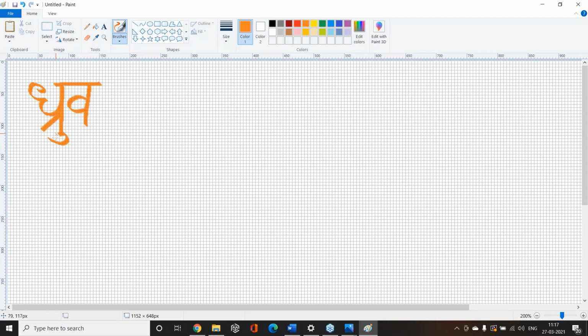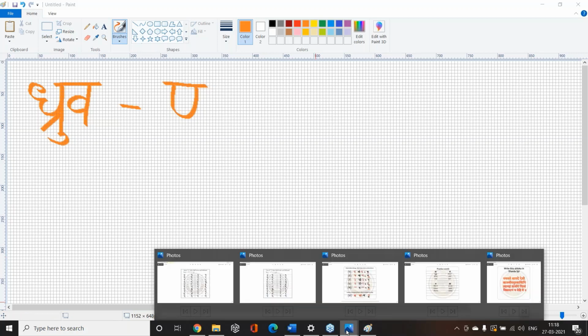Now this is Dhruv in Devanagari, where the matra ra and u are coming together. So as per this rule, it would be written like this. Then I will just show you the formation, how it is written.